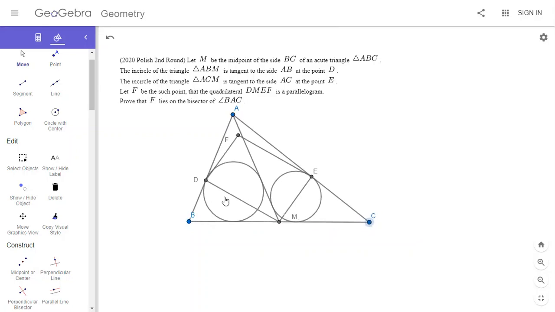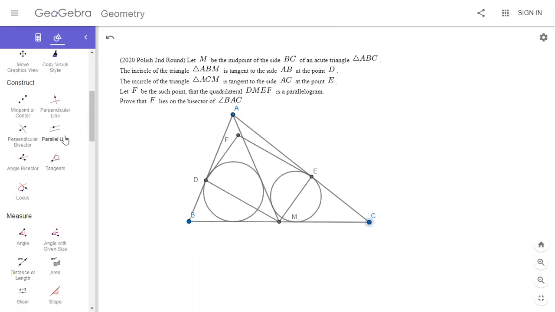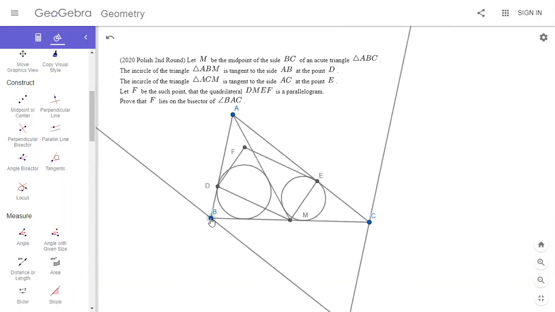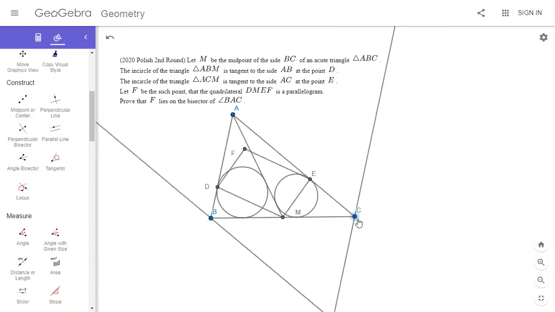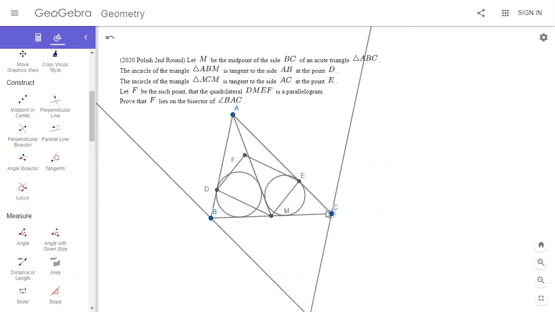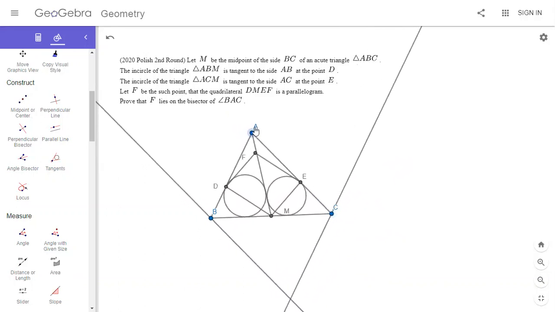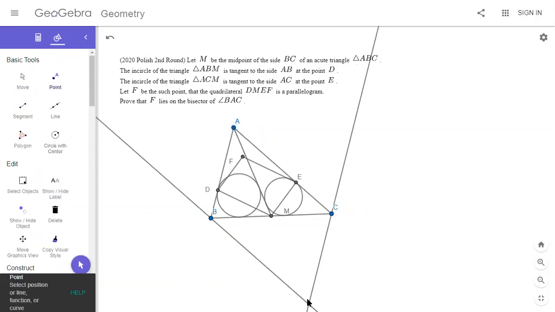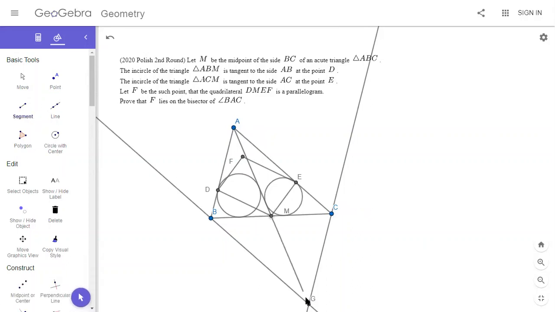So, let's see. And then we could try doing the same thing.